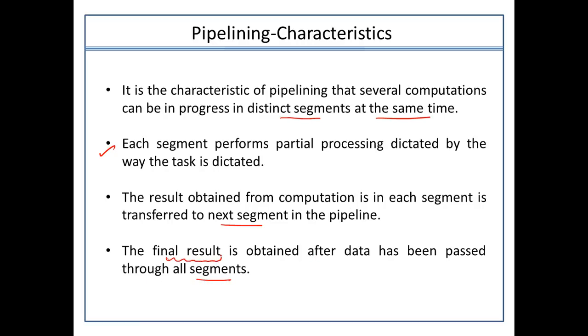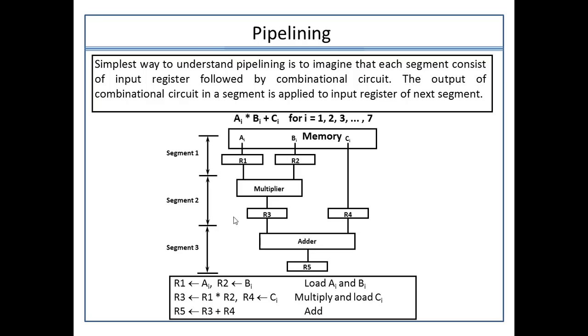So ultimately, in the end, we will get the final output of the process. So this is exactly the process of pipelining and its basic characteristics. Now we are going to understand the pipelining process further. Basically, pipelining can be used in arithmetic operations, as well as in instructions.